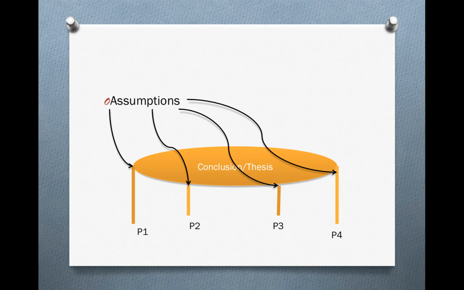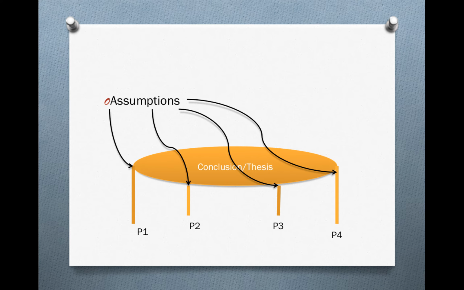The tabletop is supported by premises. Now, there's only two premises in our argument. The first one is that my car broke down, and the second one is that I need a car to get to work. So those are P1 and P2 that are holding up my tabletop or my conclusion.